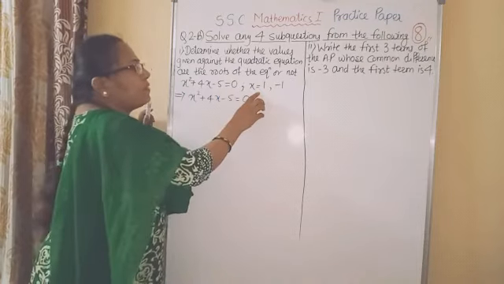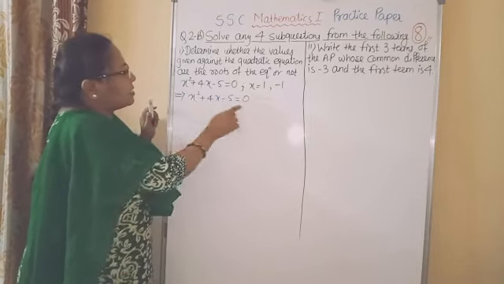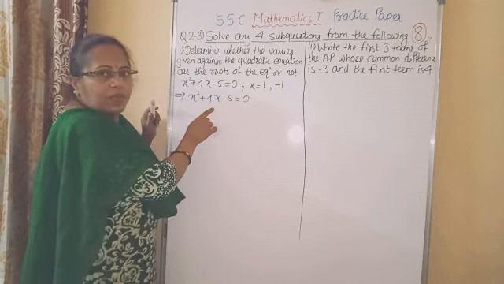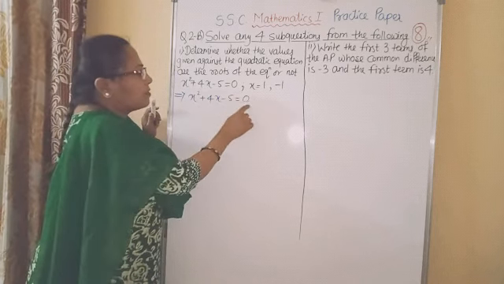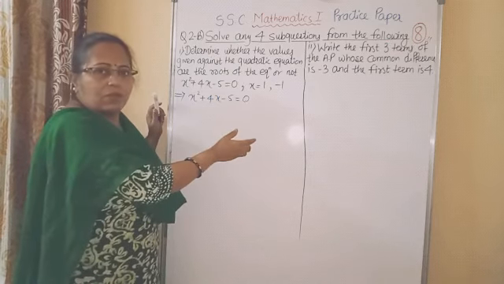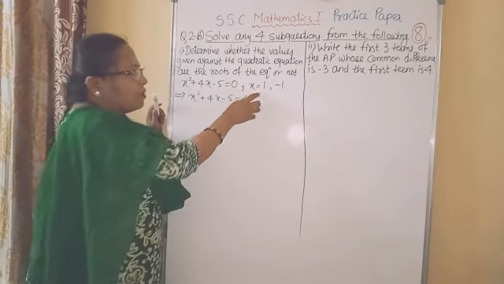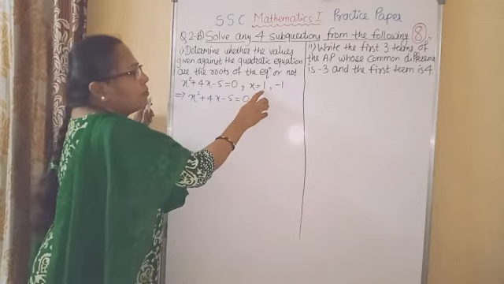That means we have to substitute the given value in the left hand side of the equation, and the answer we require is 0. Then only we can say LHS is equal to RHS and the value is a root. So let's take the first value 1.